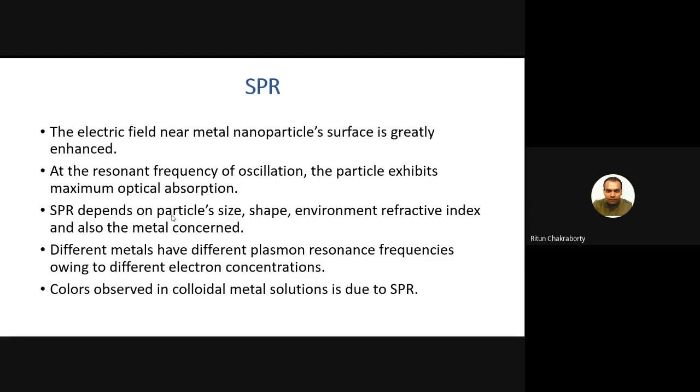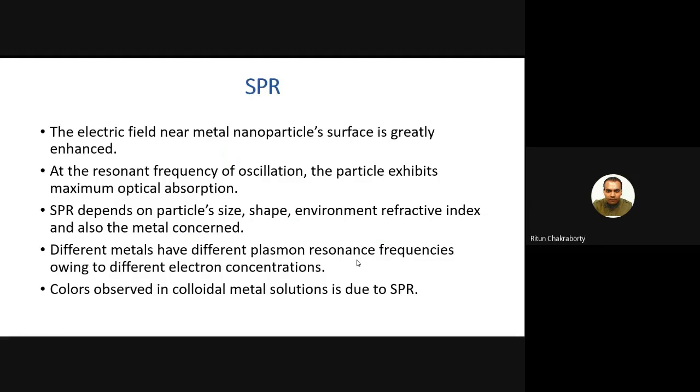Surface plasmon resonance depends on a lot of things, like the particle size, its shape, the refractive index of the environment in which the metal nanoparticle is present, and also it varies from one metal nanoparticle to another. Different metals have different plasmon resonant frequencies owing to different electron concentrations.